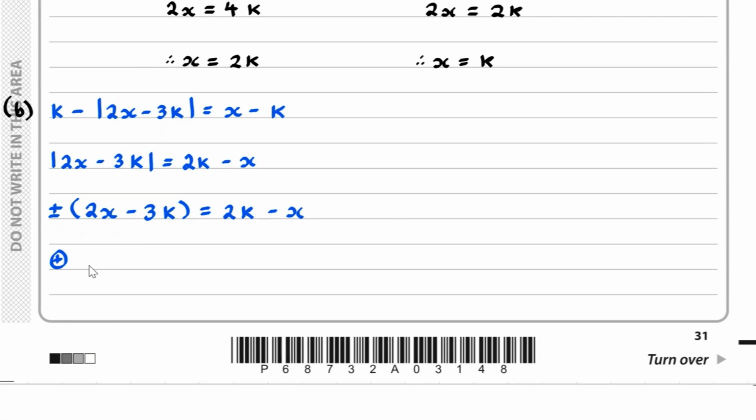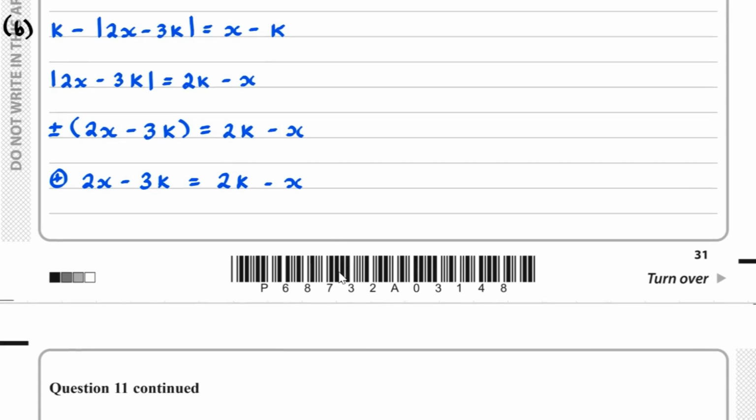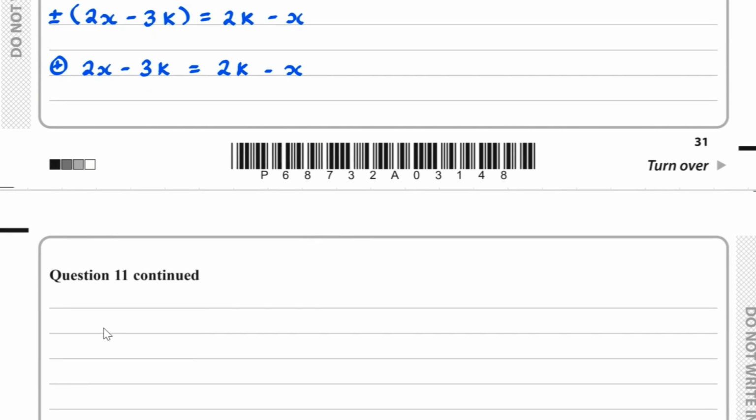Dealing with the positive, 2x minus 3k equals 2k minus x. Add x to both sides, we have 3x equals 5k. So therefore x is equal to 5k over 3.